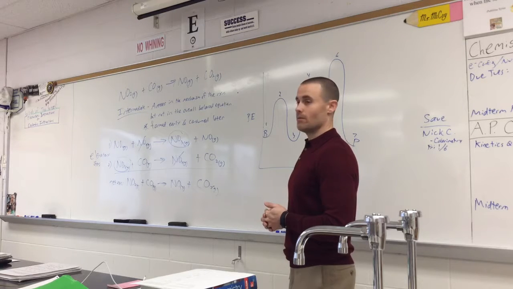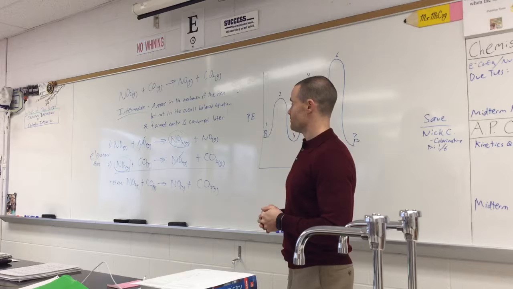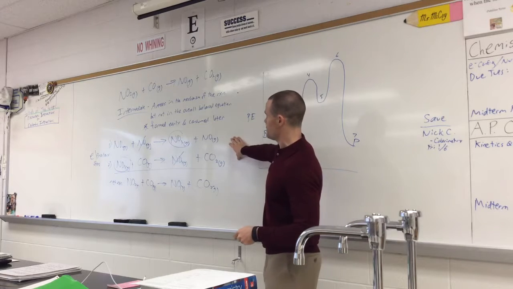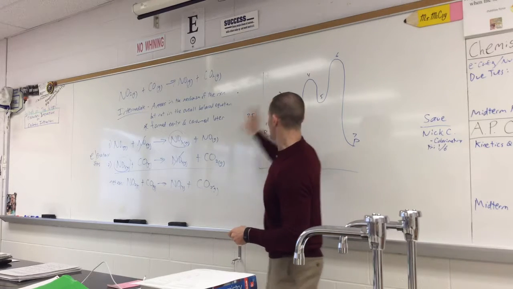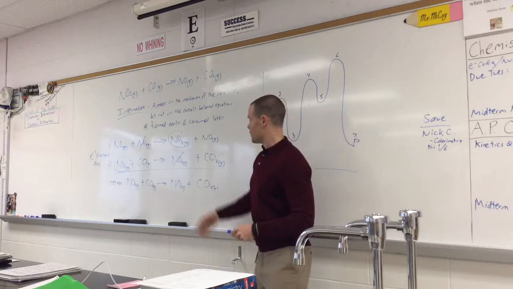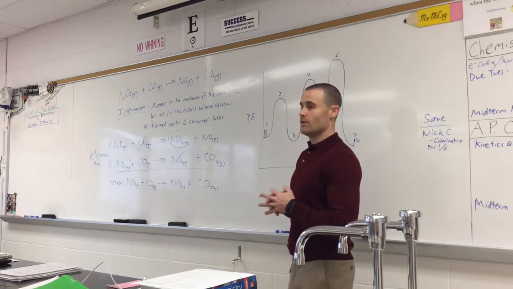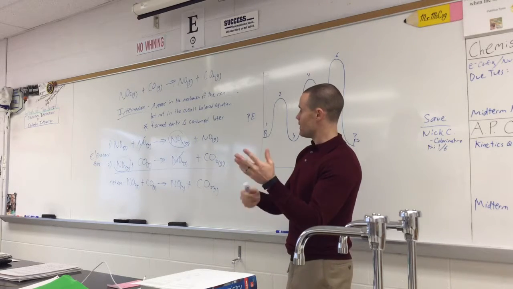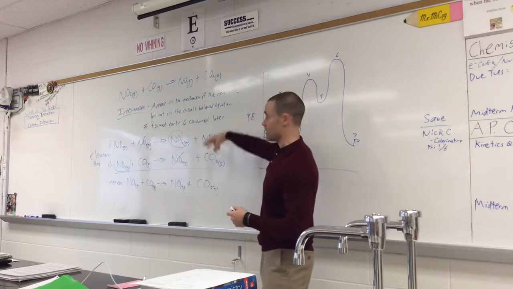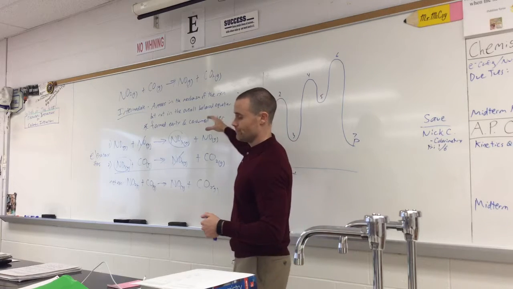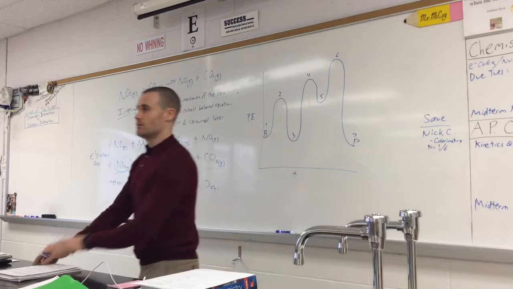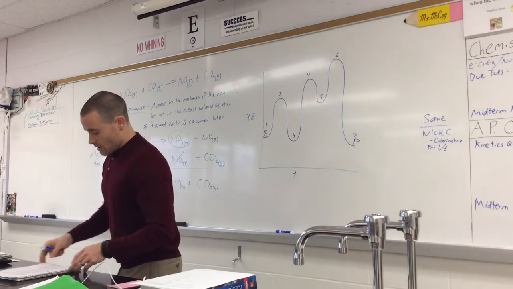This is just one example. These are called elementary steps. These are really what's happening when we're colliding, and then you can get your overall from that. So from now on, if I say reaction mechanisms, this is what it means. No questions? Okay. All right.